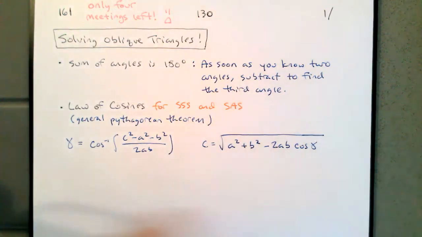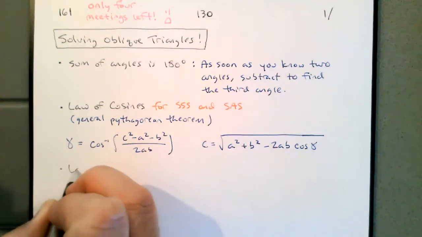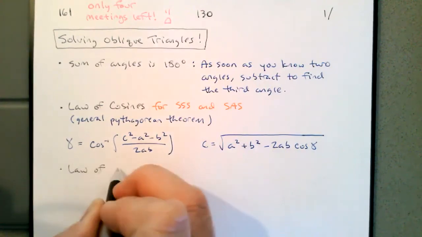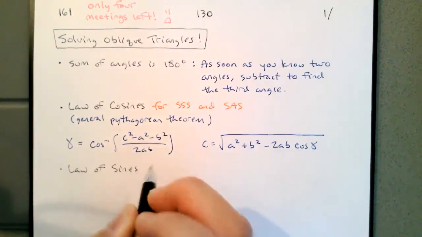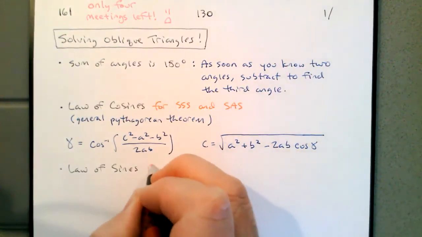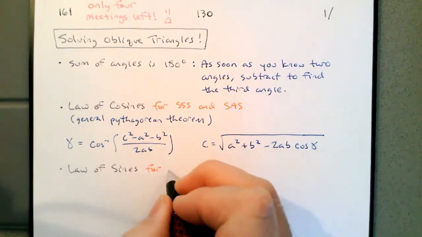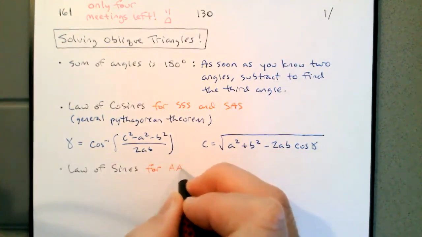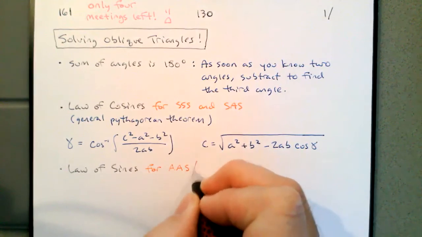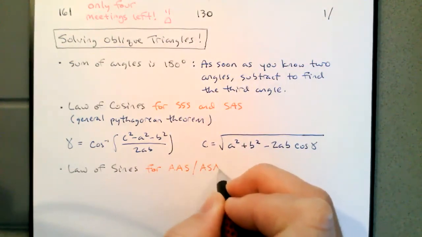We also have the law of sines. The law of sines is for when we have two angles and a side: two angles and the side opposite one of the angles, or two angles and the included side.